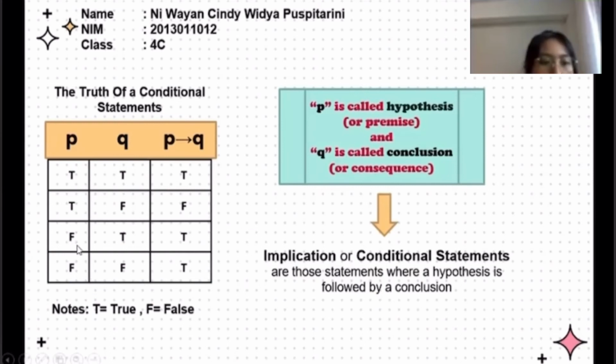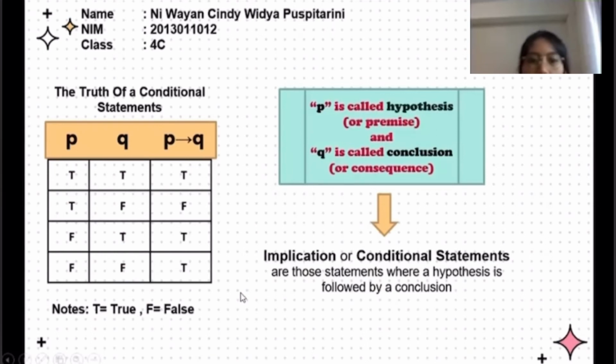When P is false and Q is true, P implies Q would be true. And the last, when P is false, Q is false, so P implies Q is true.